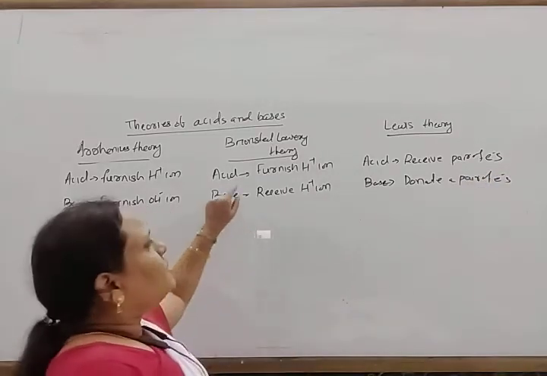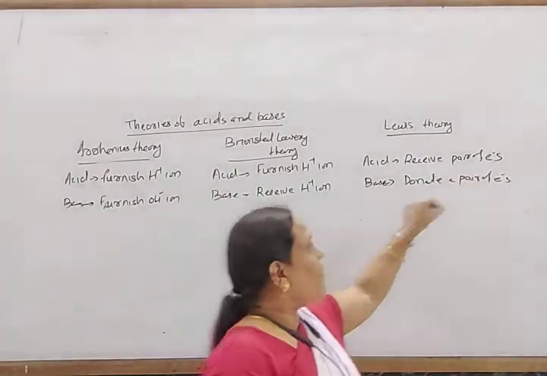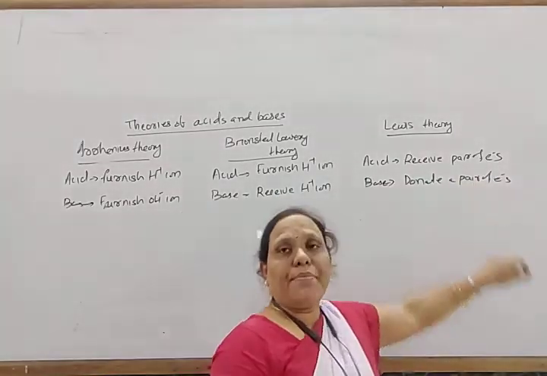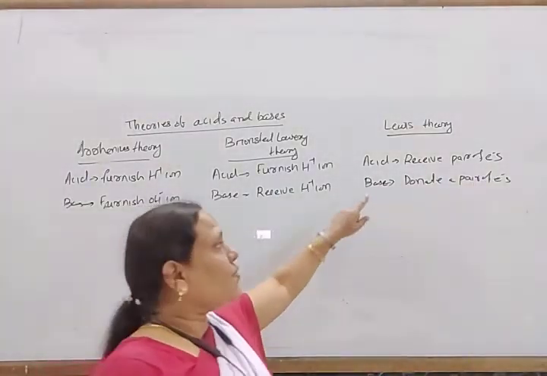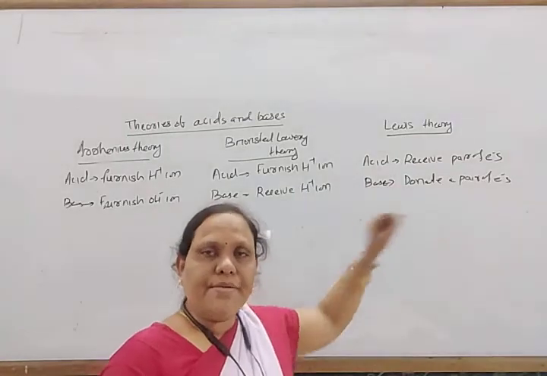Okay, so acid receives a pair of electrons and base donates a pair of electrons. So these are known as Lewis acids and bases.